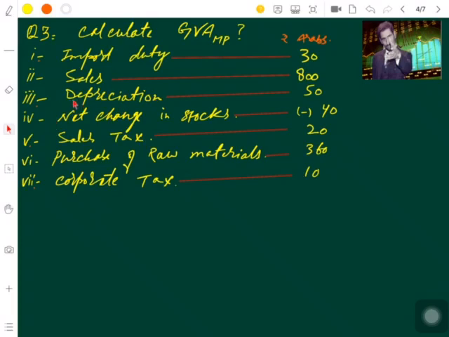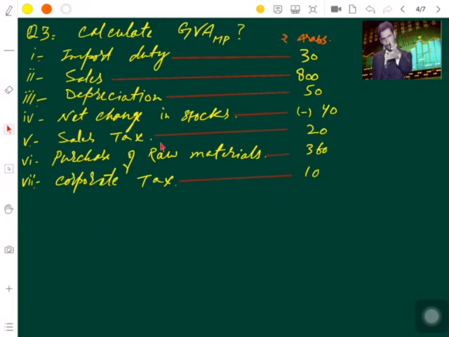If it would have been consumption of fixed capital, it is one and the same thing. Net change in stocks, that is calculated. Sales tax, purchase of raw materials, that is intermediate, and corporate tax, that is the taxation part.